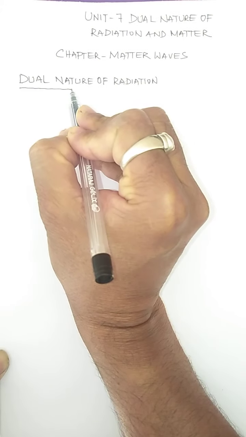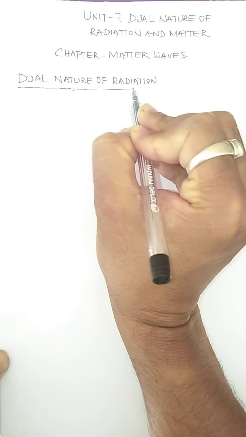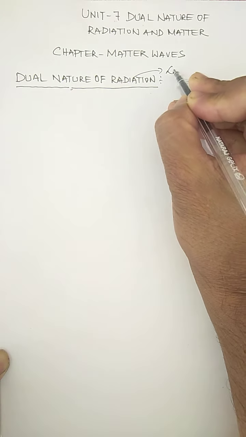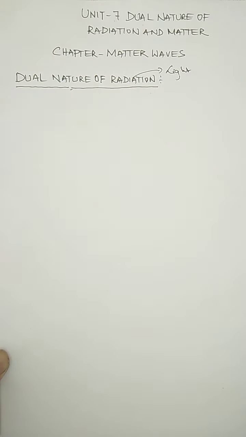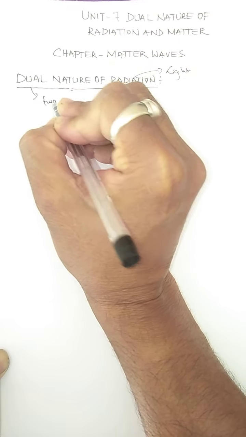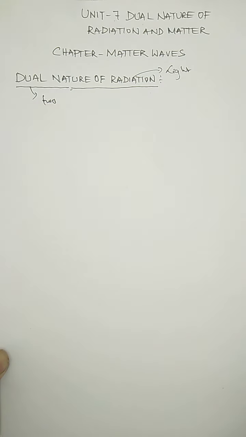So let me first start with this concept. Radiation means light. And dual means two natures, two different natures. That means light has two different natures.